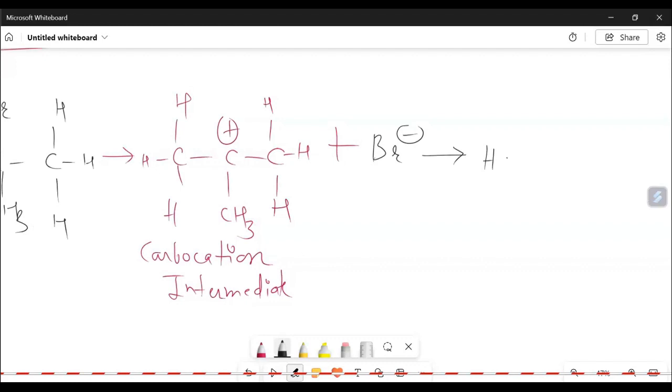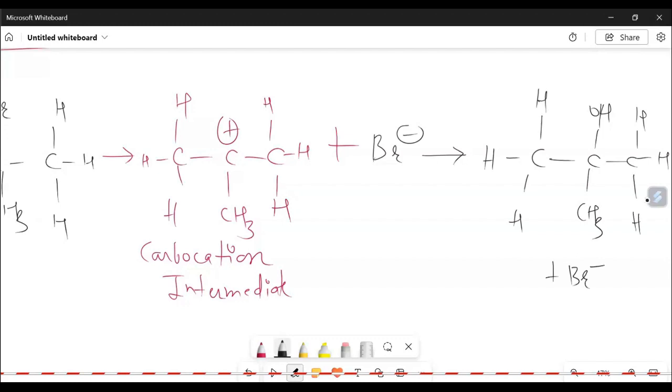This OH will attack here on the carbocation, and there is a formation of our result. And that Br minus is still wandering around, so we get this result very easily.